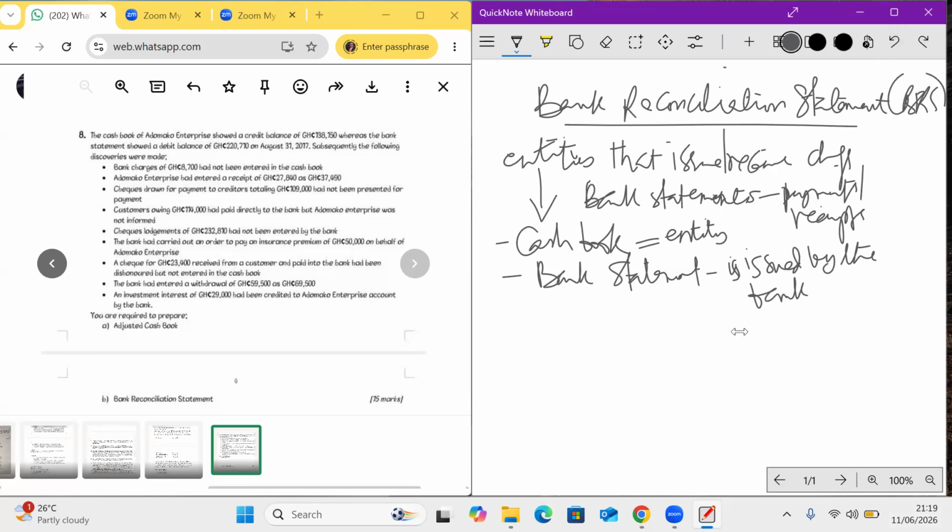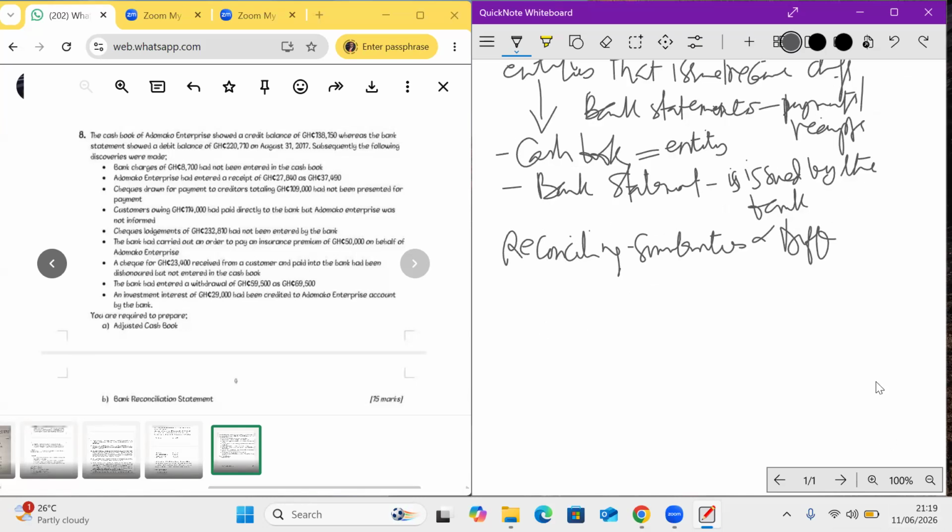The word reconcile means we want to know similarities and differences. So when the business takes the cash book, it would be comparing with the bank statement.